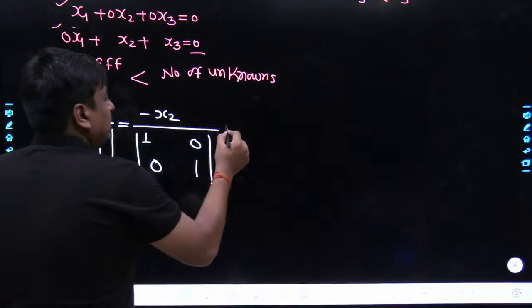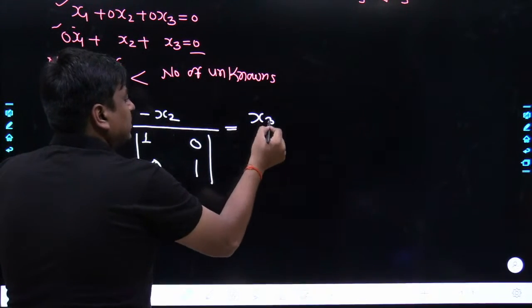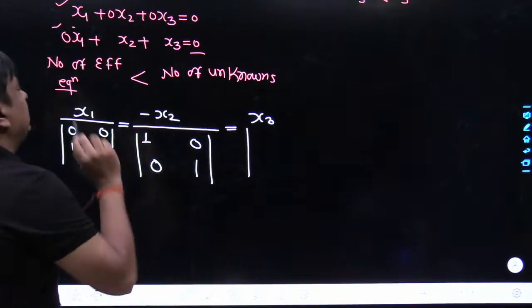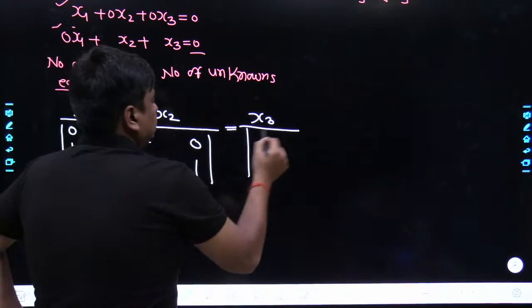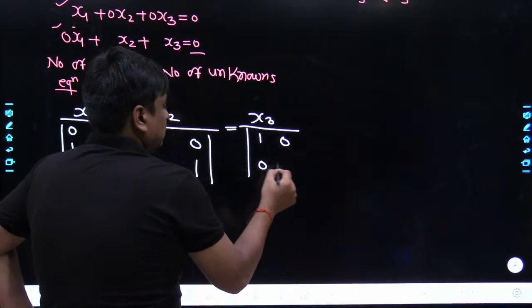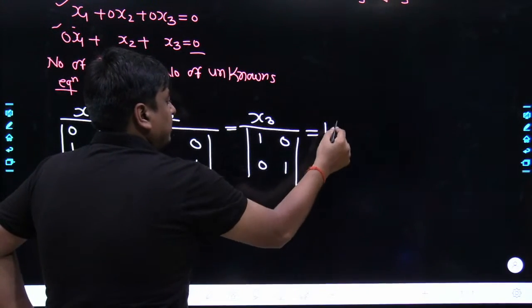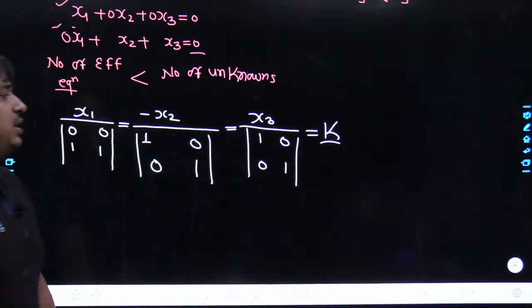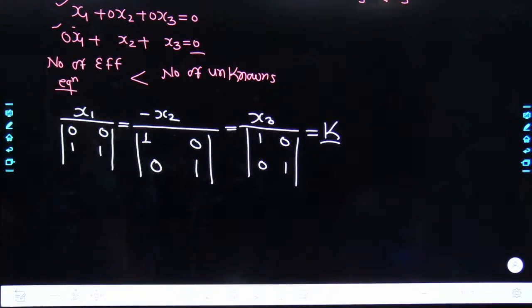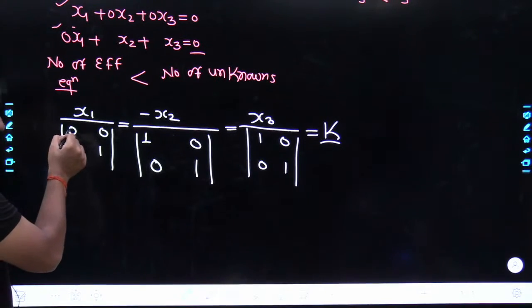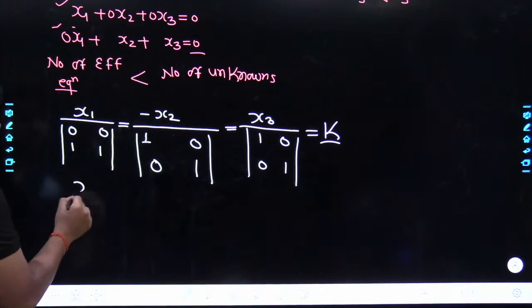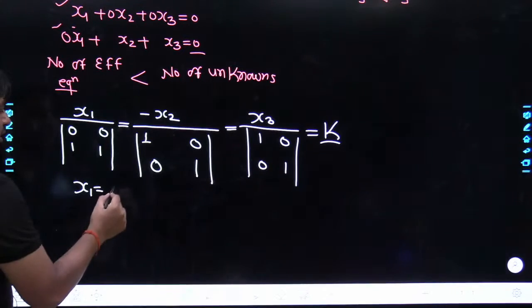Similarly, it goes to x3. Here x3 comes positive. Here it's 1, 0, 0, 1, and it would get compared with k. Is that part clear? So now if we talk about the determinant, x1 is equal to 0 into k, that's simply 0.